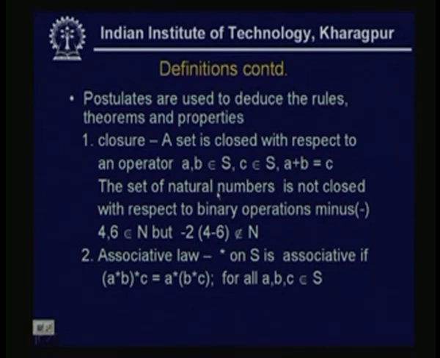We take an example: the set of natural numbers is not closed with respect to the binary operation minus. If I take the operator as binary minus, then 4 and 6 are two elements, say A equal to 4 and B equal to 6.